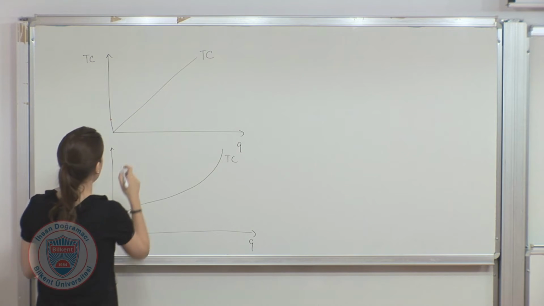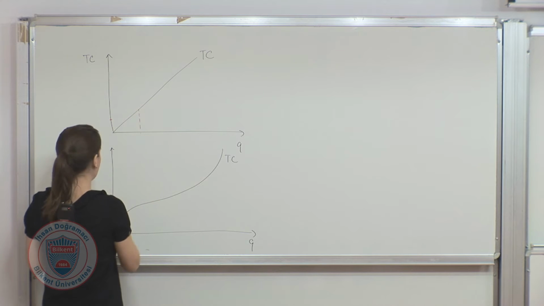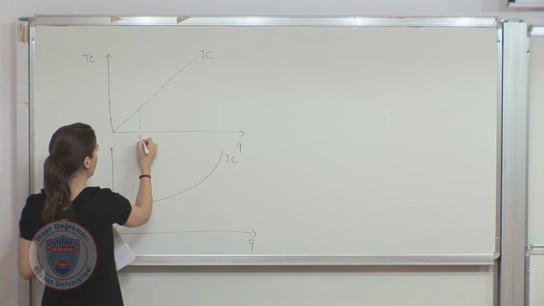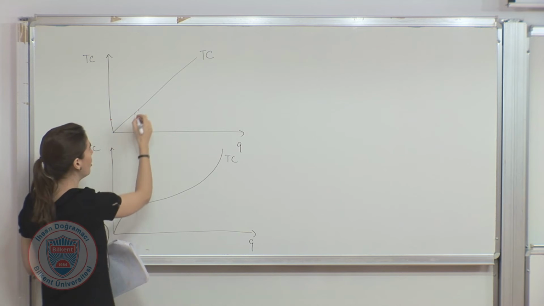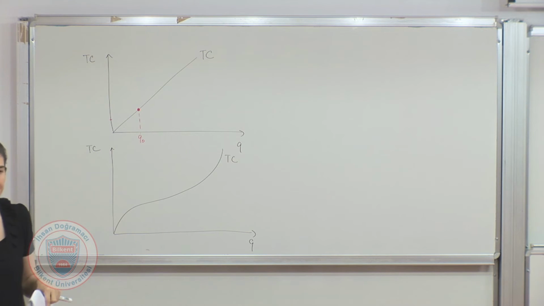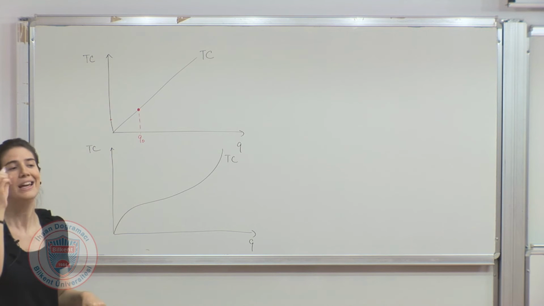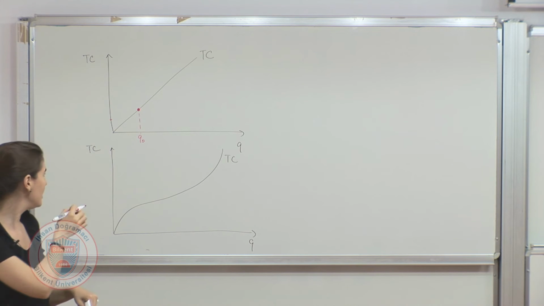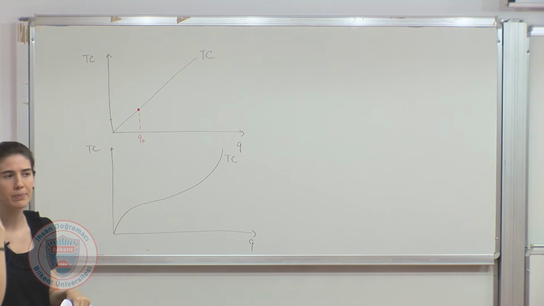So let's put it like this. Suppose you would like to produce Q0 units. Total cost is giving you the minimal possible cost. If you want to produce Q0 units, given wage and R, this is the minimal possible cost.